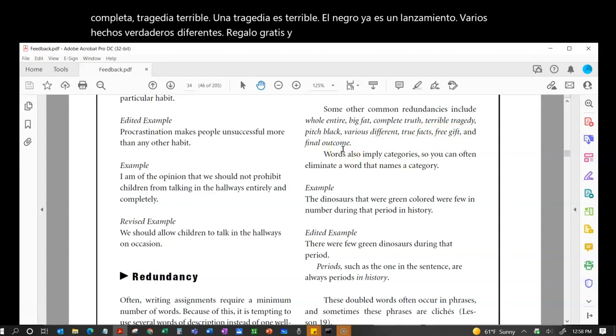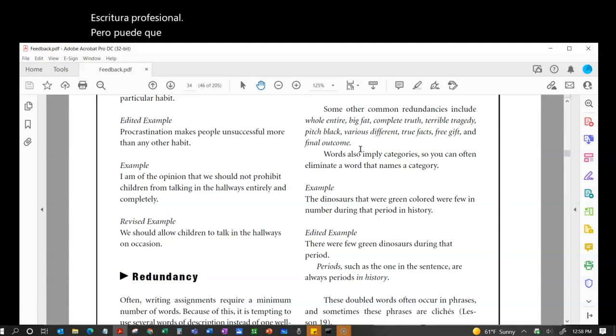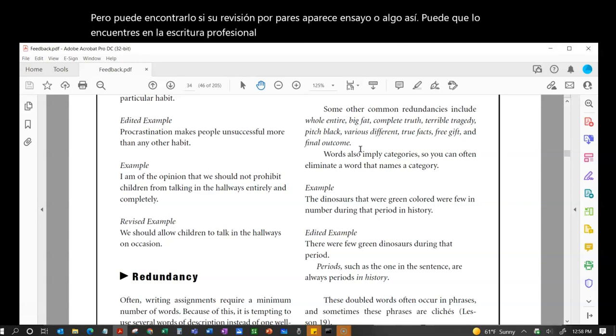My challenge to you is to notice when you come across this in writing, okay? You're not going to find it in books or professional writing, but you may find it if you're peer reviewing a peer's essay or something like that. You may find it in professional writing, but just take note of where you find redundancy, okay? Because it is out there, all right?